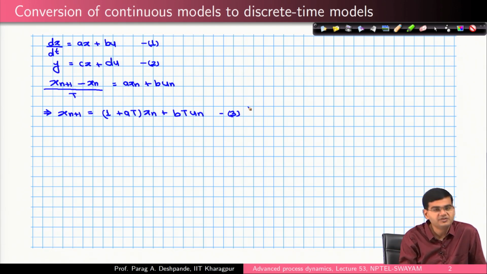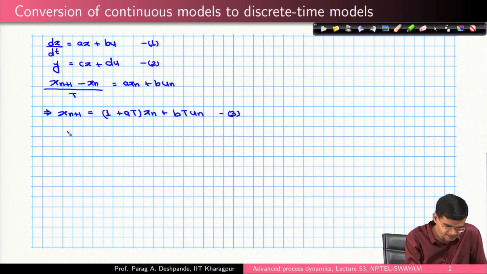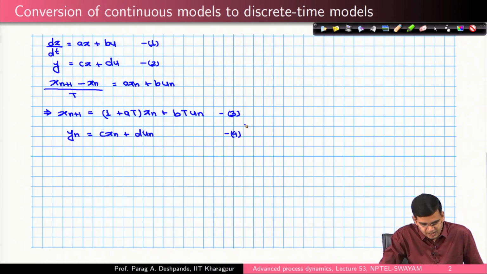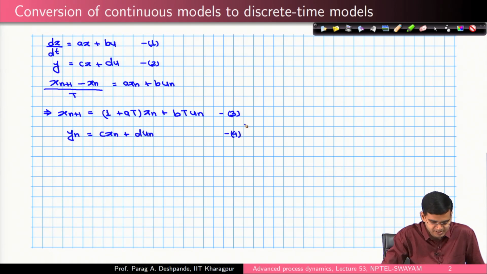Similarly, for equation number 2, I can write this straight away as y n is equal to c x n plus d u n. Now, this should suffice, except that in equation number 4, I have x n, which has unnecessarily come up here as the dynamical variable. I may want to get rid of it. So, let us see if I can do something.